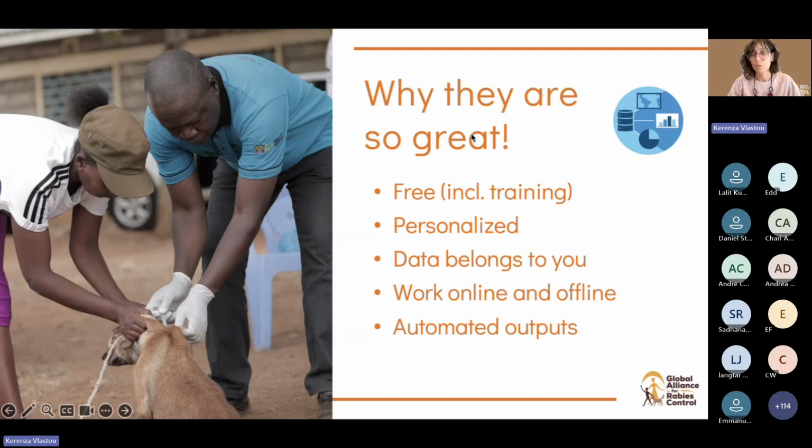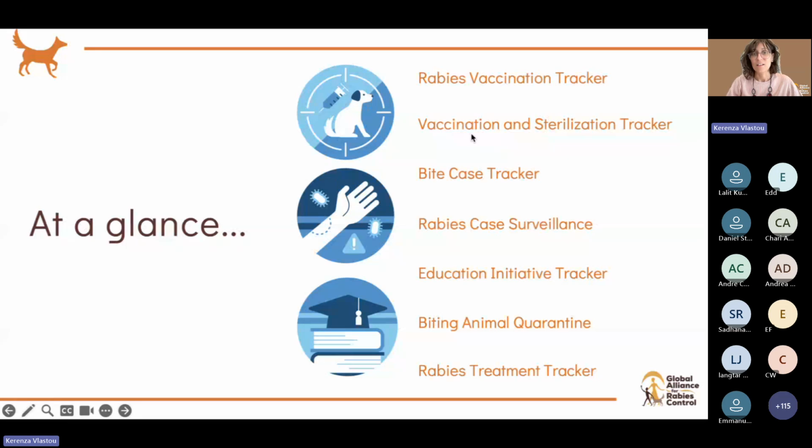The GARC data tools work online and offline, and the outputs are automated, so you don't need to spend hours on Excel sheets trying to extract the information into charts. It's all done automatically. At a glance, you can track rabies vaccinations, sterilizations, bite cases, education initiatives, and lots of others.